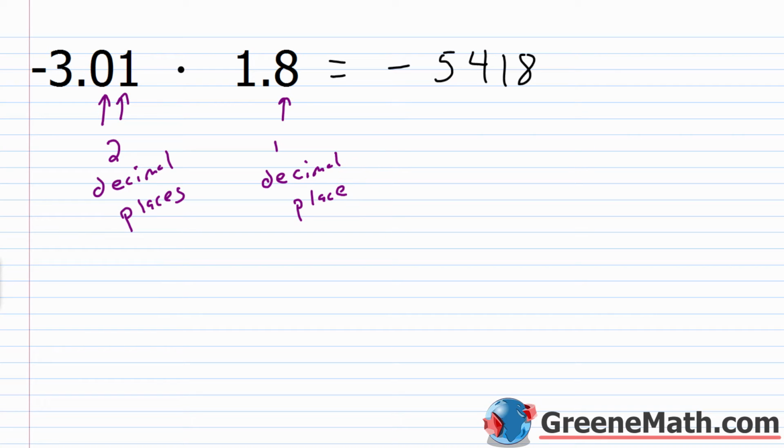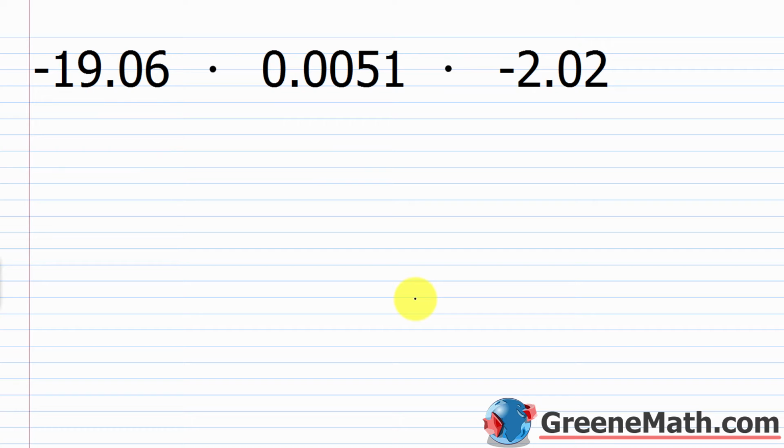So my decimal point is going to go 3 places to the left. So I'm going to put it right there to start. And then I'm going 1, 2, 3 places to the left. So I'm going to end up with negative, don't forget the negative out here, 5.418 as my answer.